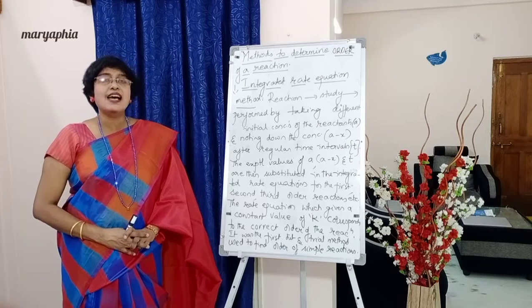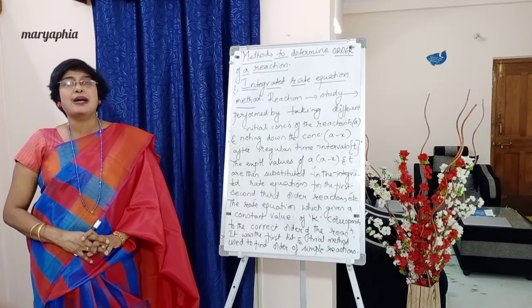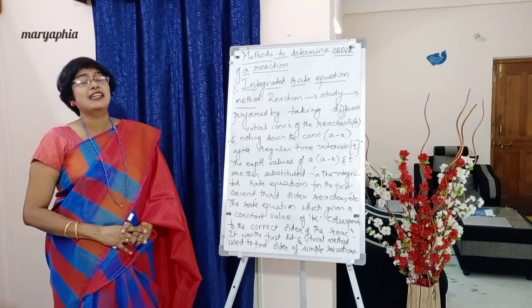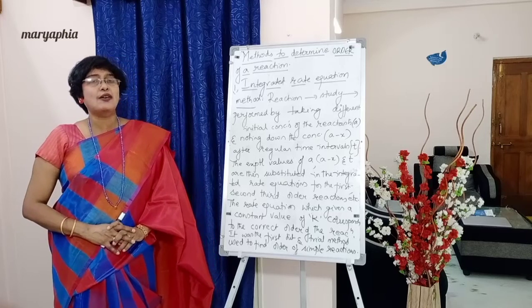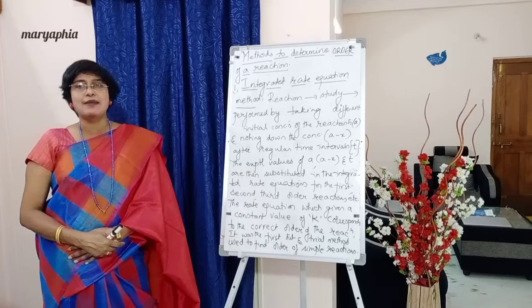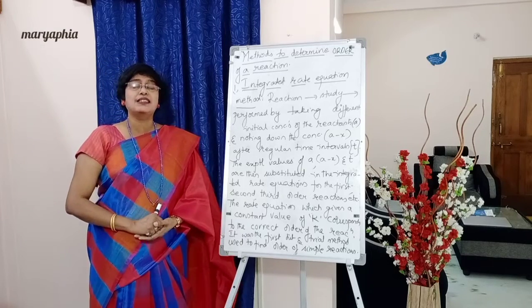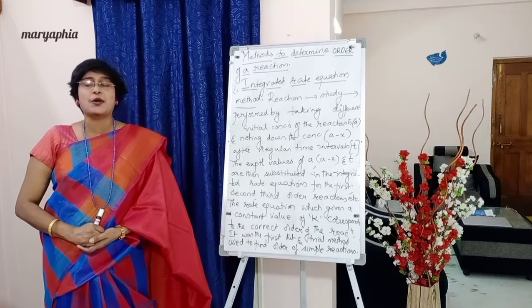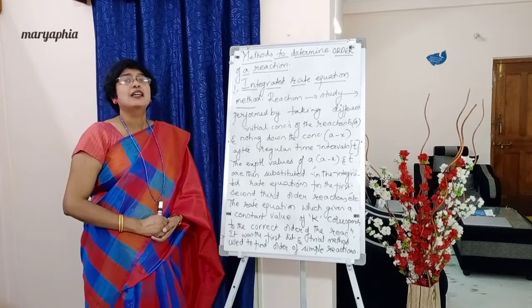That reaction under study is performed by taking different initial concentrations of the reactants, and we maintain regular intervals of time. We check after 10 minutes how much of the reactant has changed into product, or decomposed into the product.